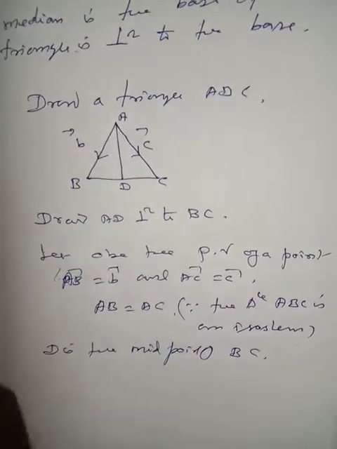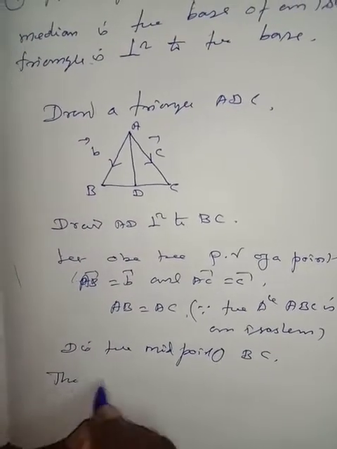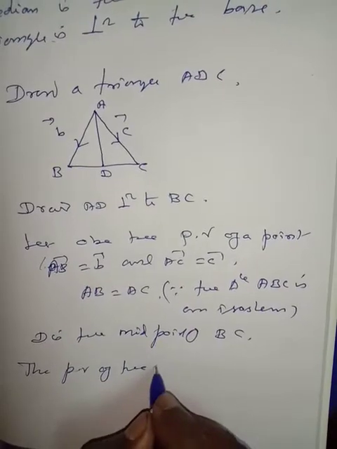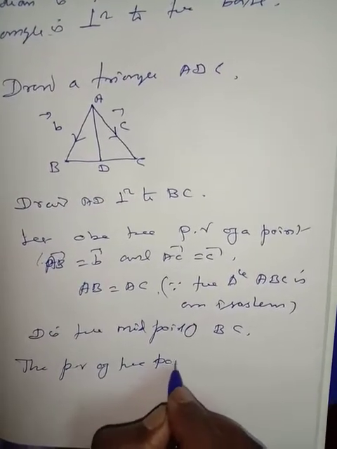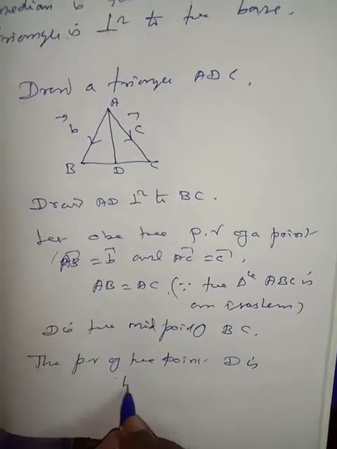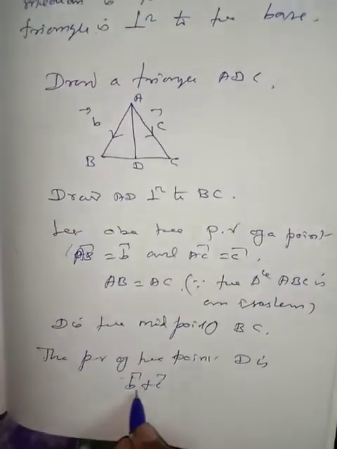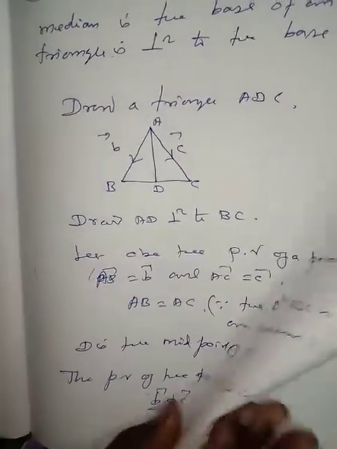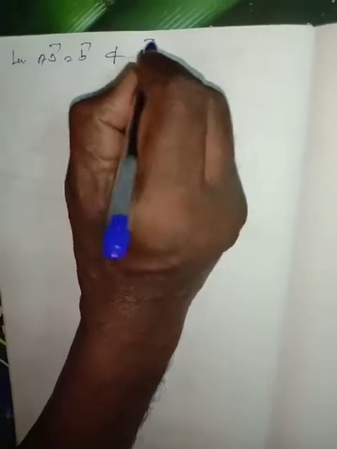The position vector of the point D is B plus C divided by 2. Let AB is equal to B vector and AC vector is equal to C vector.